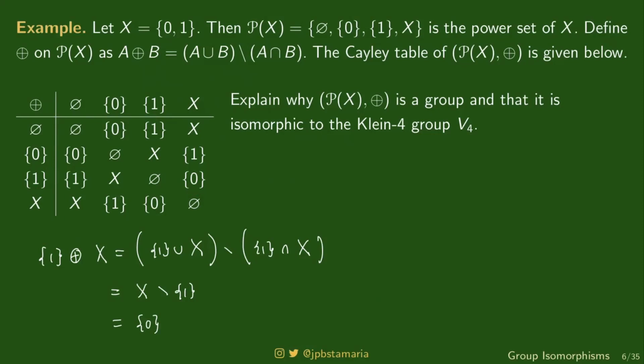Okay? First of all, let us explain why this one is a group. Why is this a group? Who plays the role of the identity element? Anybody? Who is our identity here? Okay. The empty set plays the role of the identity. Correct. Now, if I'm going to list down all the elements, can you name the inverse?